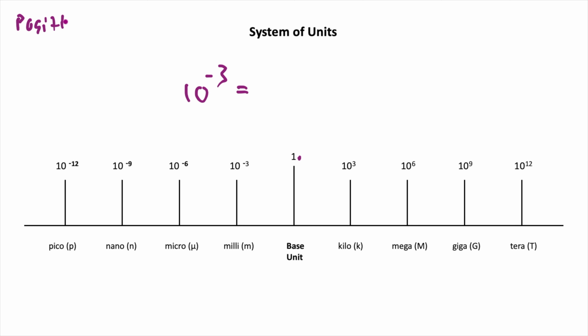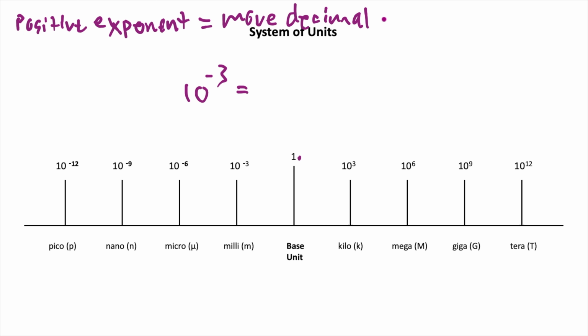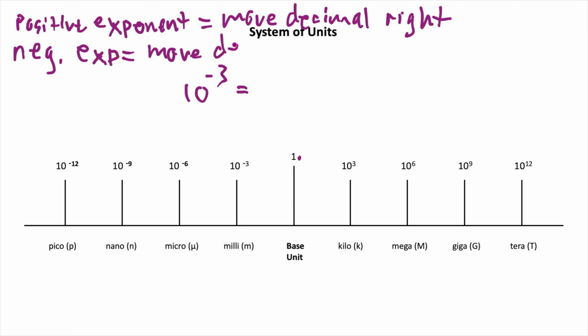We'll say positive exponent means move decimal right. And negative exponent means move decimal left.